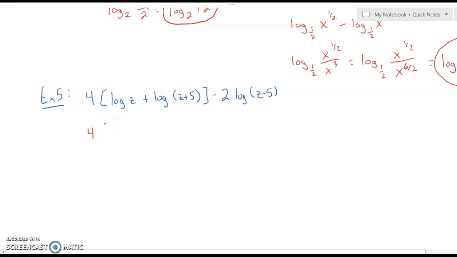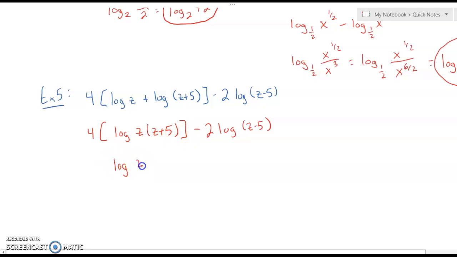So I'm going to take that 4, leave it where it's at right now, and put these together with some multiplication. So this is log of z times z plus 5 and minus 2 log of z minus 5. Now what I can do is take that 4 and bring it in. I've got a couple ways I can do this. I can put another set of parentheses around that and make it the whole thing to the 4th power.